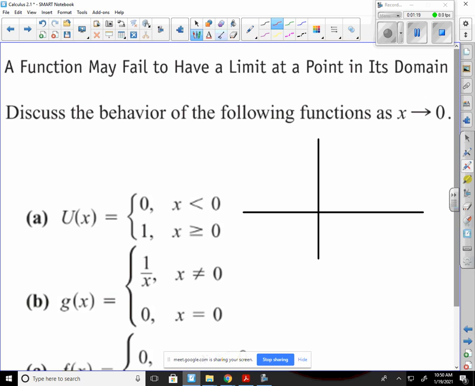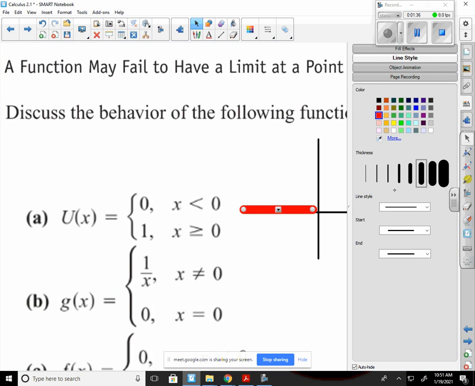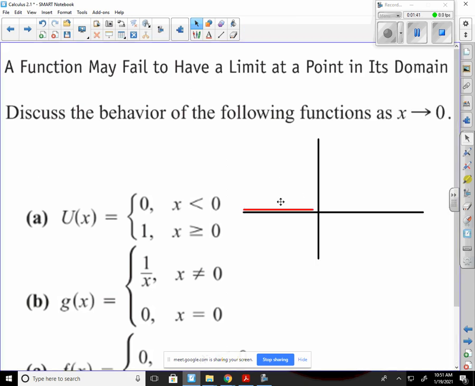And so if I draw my line in red representing where it's less than 0, it's going to come up to this point, and at 0, it's going to be an open circle.